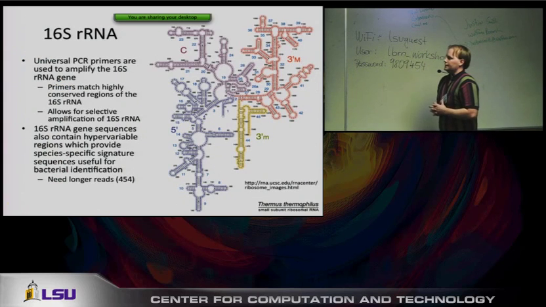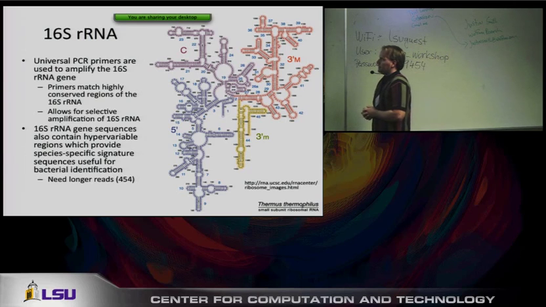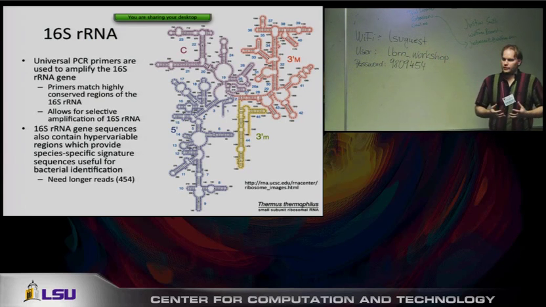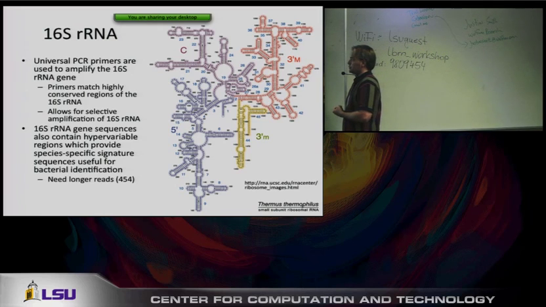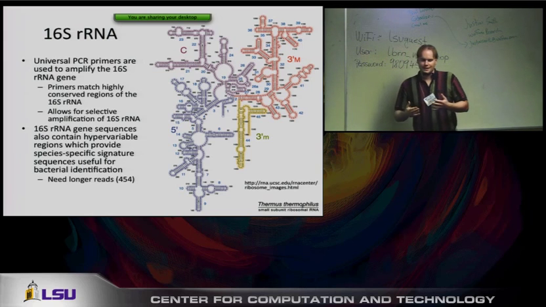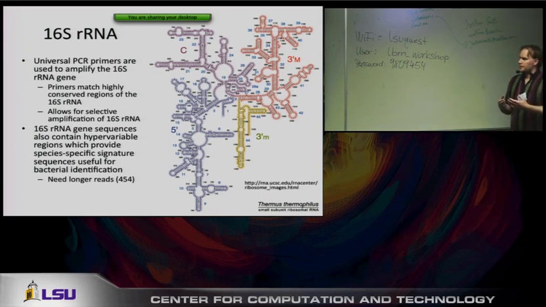So how do we study these communities? In effect, we look at this single molecule, the 16S ribosomal RNA, a gene that codes for the ribosome. It's a highly conserved gene because the ribosome is essential. And so there are what are called universal PCR primers, which can be designed, and they will amplify the 16S ribosomal RNA gene from any bacteria.